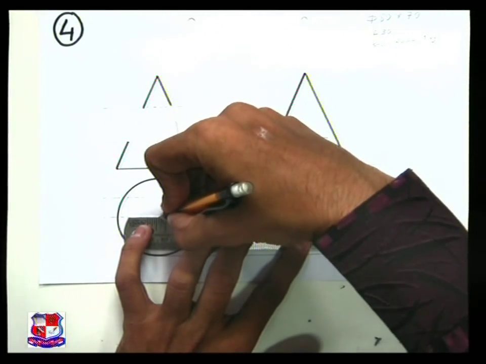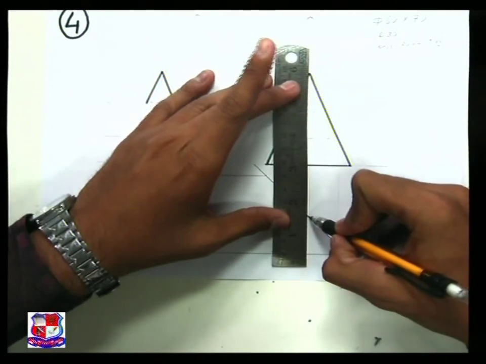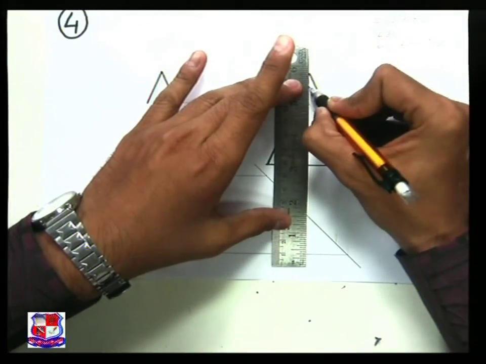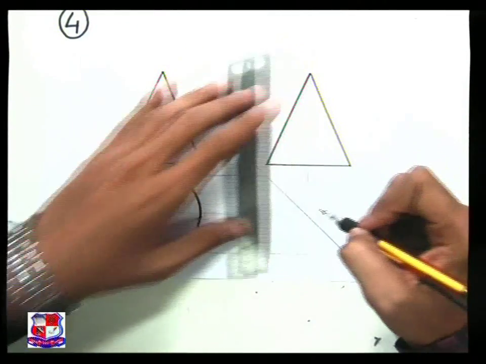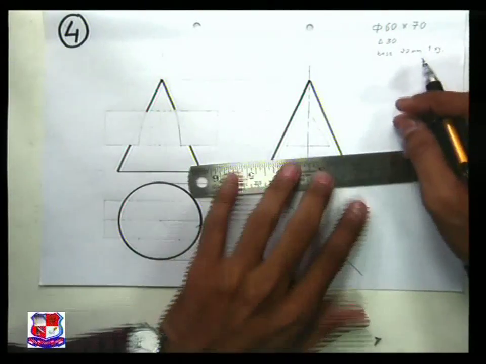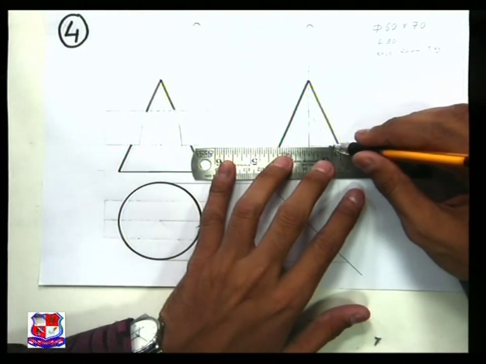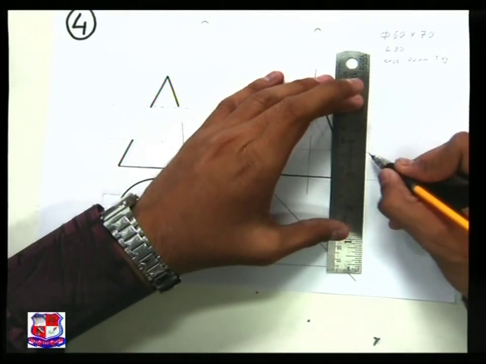Now find out the axis of this cone. So from this point draw horizontal line or projection line, and this is the axis of this standing cone. Now it is given that a triangular prism base 20 mm above XY line. So above XY line at a distance of 20 mm, so this distance is 20 mm.